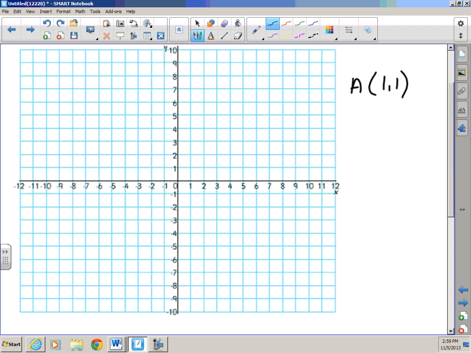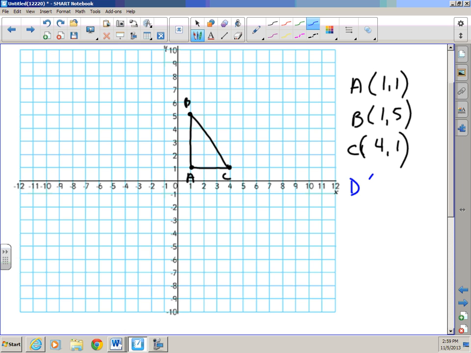A is the coordinate 1, 1. B is the coordinate 1, 5. And C is the coordinate 4, 1. So 1, 1, 1, 5, 4, 1 is, we'll start, the original, A, B, and C.